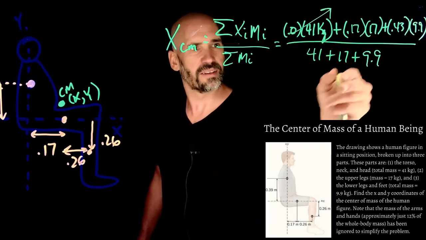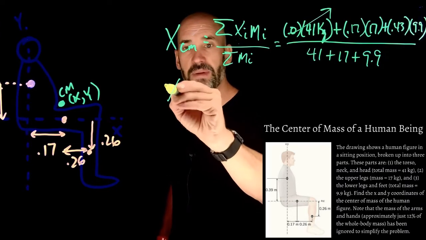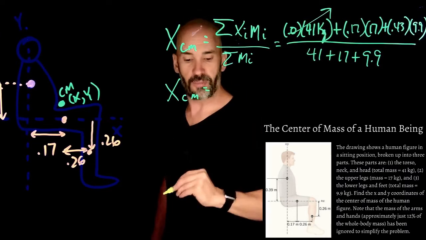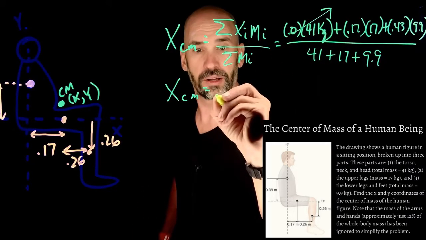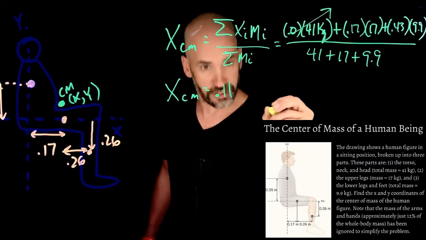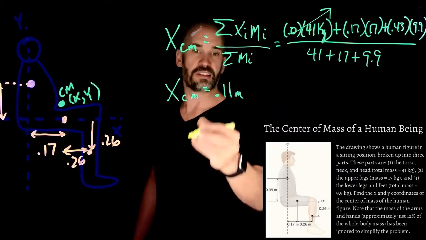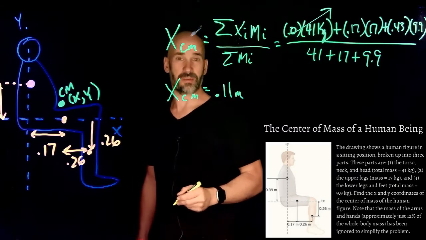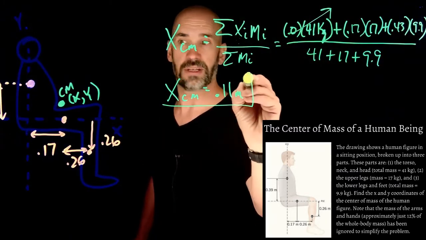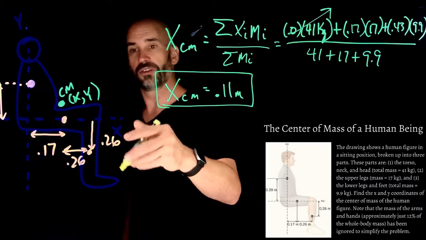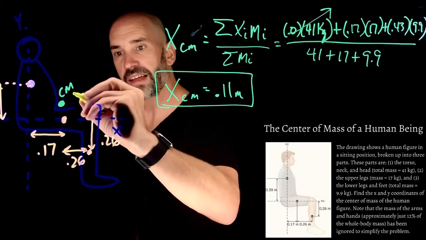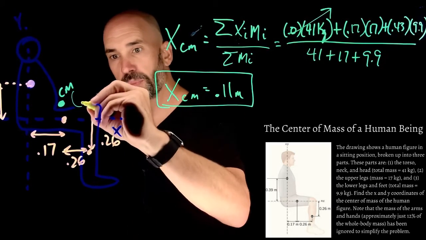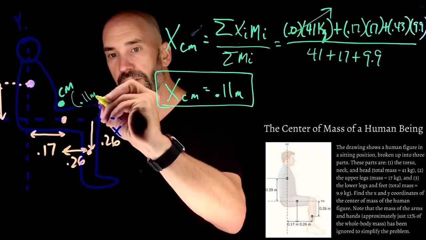That means that the x coordinate of my center of mass, if I put all that in, is 0.11. Tell me if you get something different. Essentially, that's 11 centimeters. So in other words, if our center of mass has two coordinates, the x-coordinate is 0.11 meters.